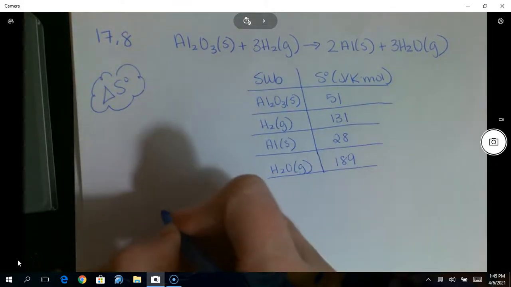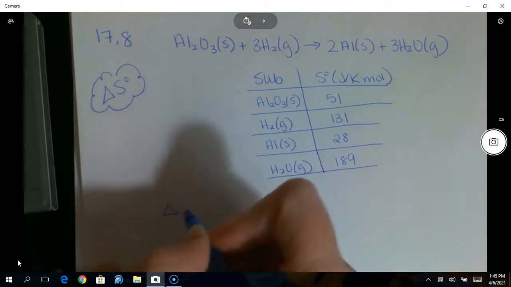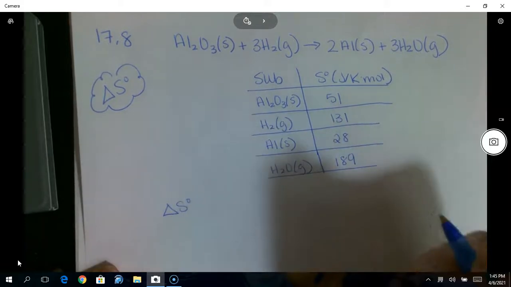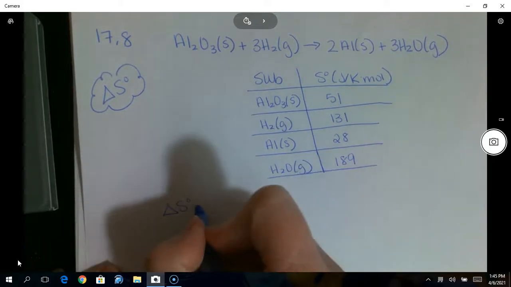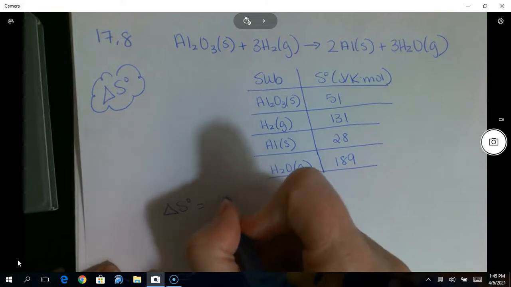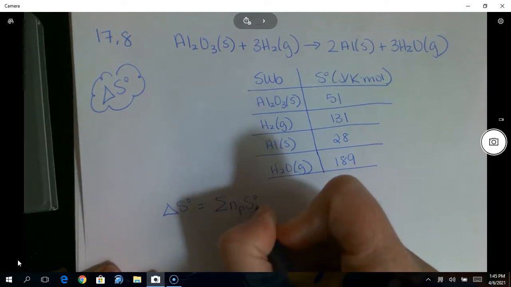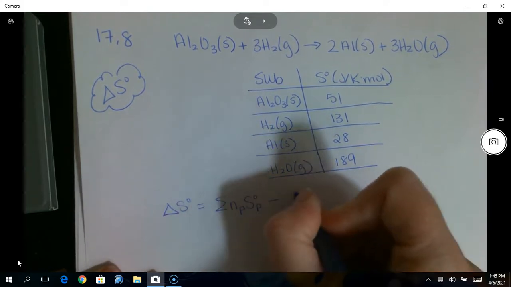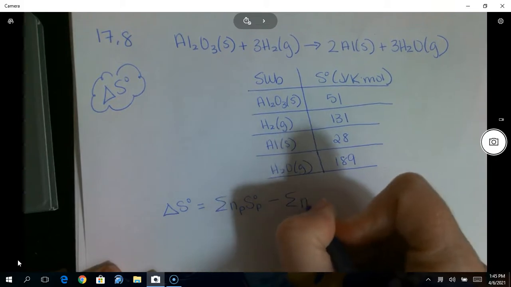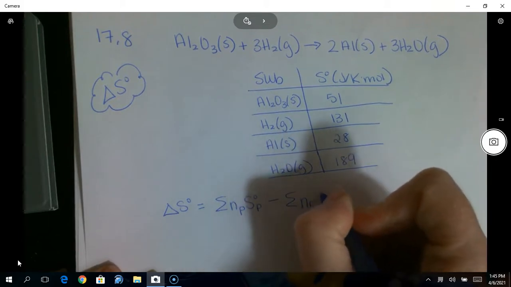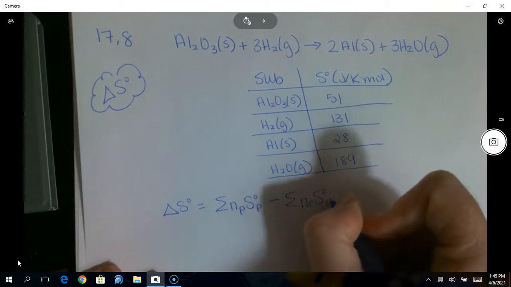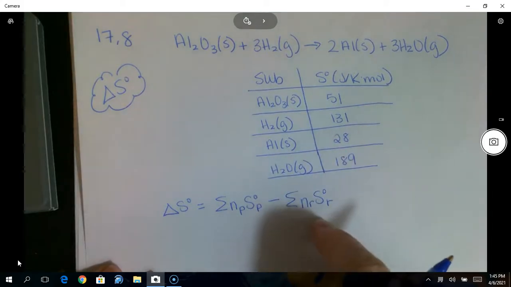If you're trying to find the standard change in entropy, then there's this equation that says the sum of all moles of your products times entropy standard of your products, minus the sum of all moles of your reactants times entropy of your reactants, which is essentially what we did, right?